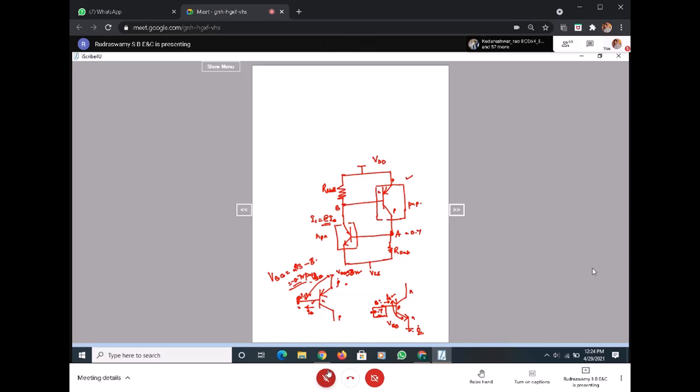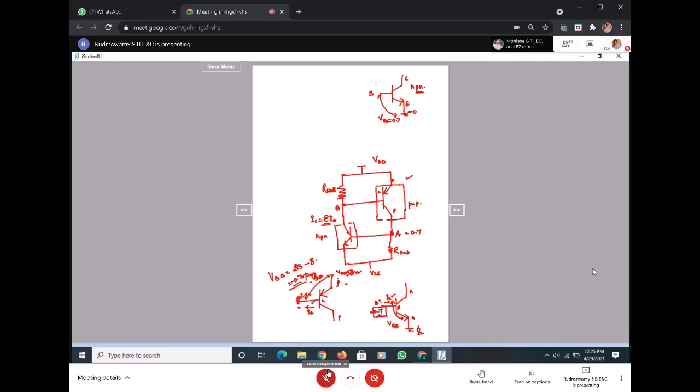I repeat once again these two things. For an NPN transistor, in an amplification setup, the emitter is somewhere grounded. This is my base, the collector, then the emitter. This is what we mean by base to emitter voltage, and the minimum base to emitter voltage that should be there is 0.7 volts.